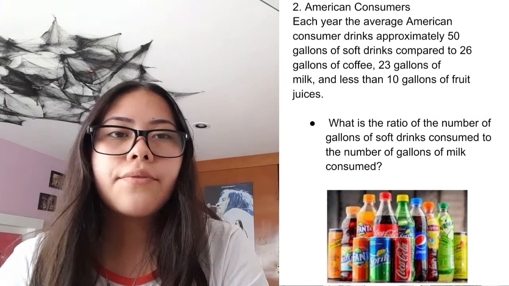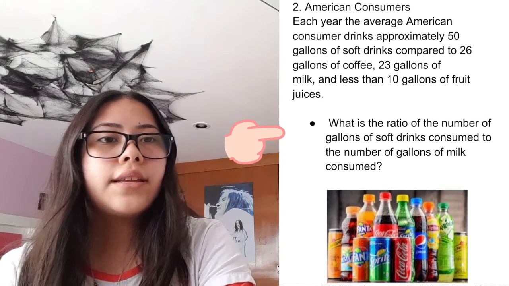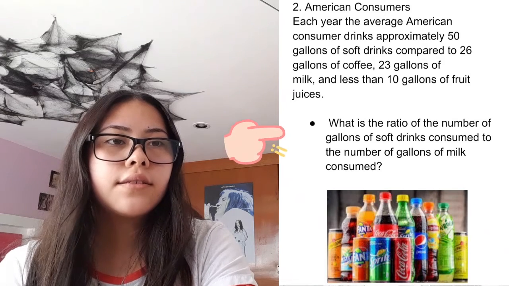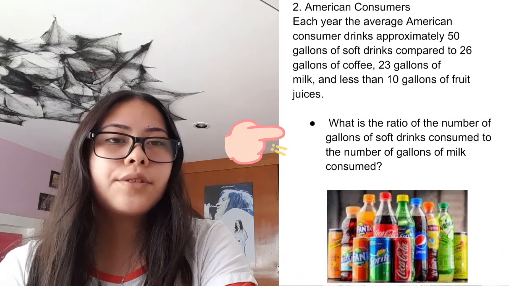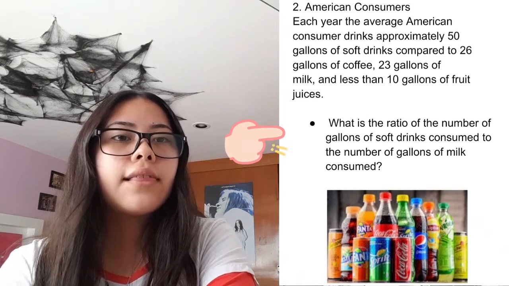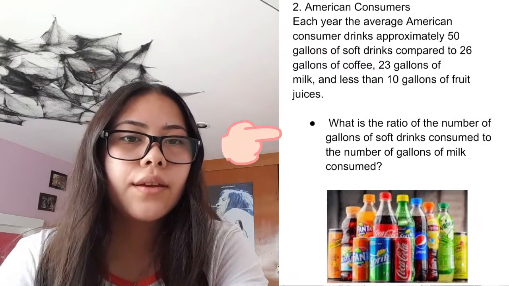The thing that we have to solve here is the ratio of the number of gallons of soft drinks consumed to the number of gallons of milk. So, in this problem, we already have the values, which is different from the other one. So we just need to solve the ratio of what the question is asking.